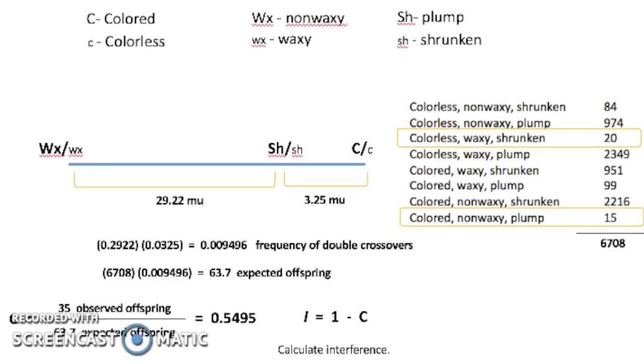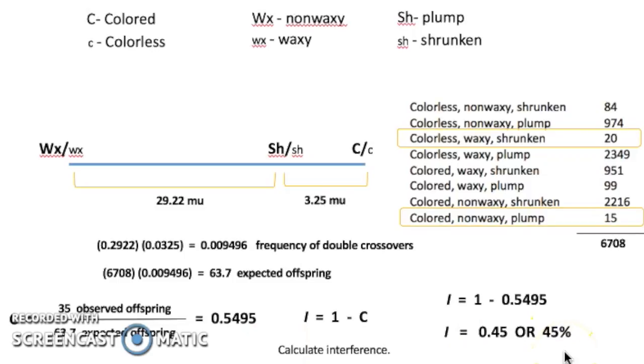That gives us 0.5495, and again, there's a lot of decimals throughout the process, so sometimes you might be 1 or 2 off on there, and there's a little bit of a range. We take that number and plug it into this final equation here, and so it's 1 minus this number, and that gives us that the interference equals 0.45 or 45%. So we have 45% interference.